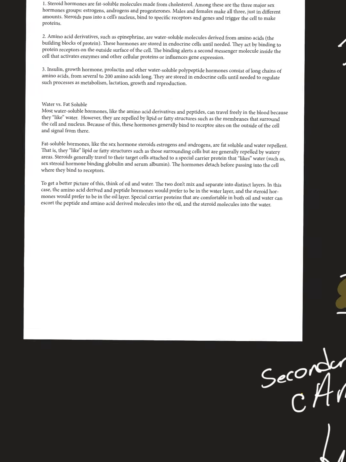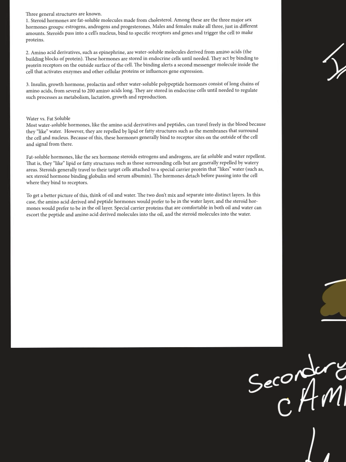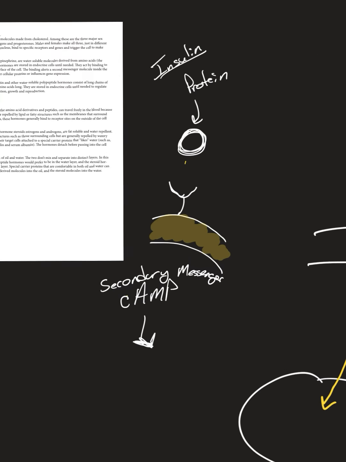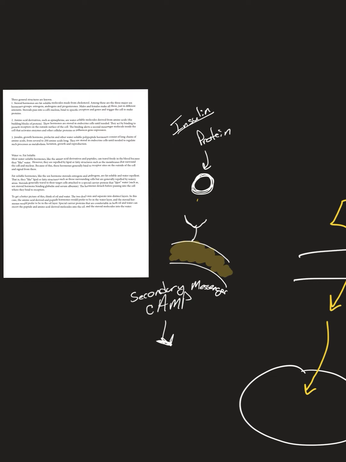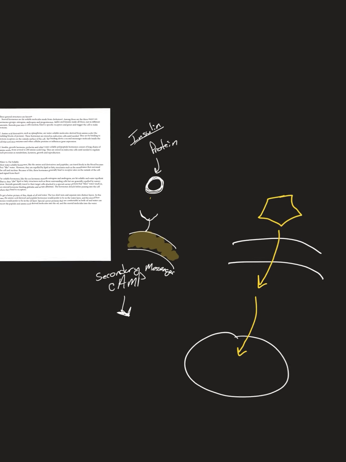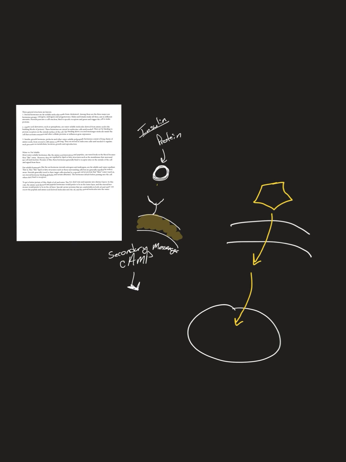So when you're dealing with the difference between fat-soluble hormones and proteins that are water-soluble, the difference is that water-soluble hormones like insulin need a receptor on the outside of the cell and usually use a secondary messenger to impact the inside of the cell, whereas a fat-soluble hormone doesn't need that, but it does need something to carry it to the cell, some kind of vesicle.